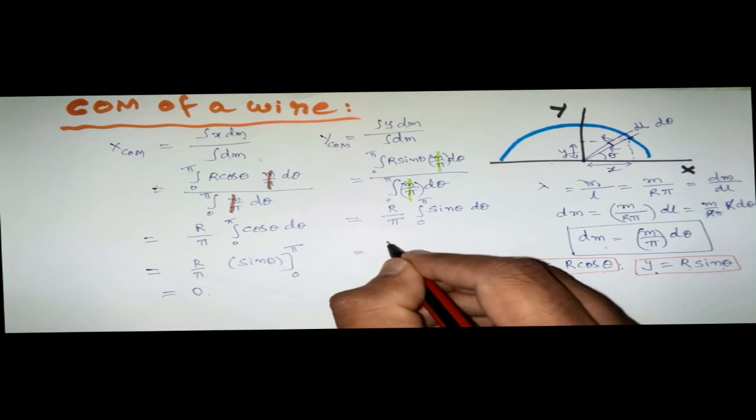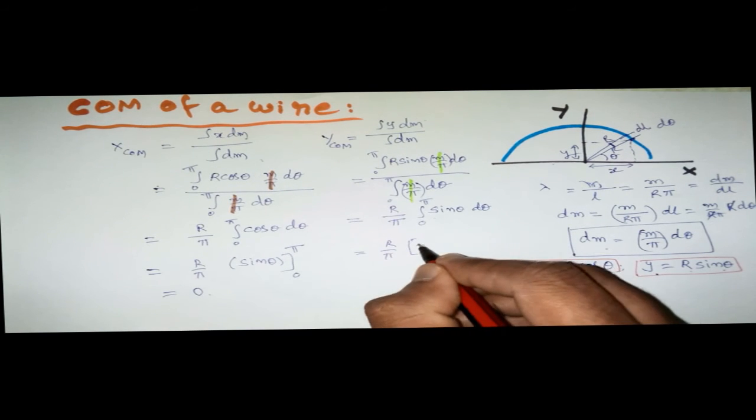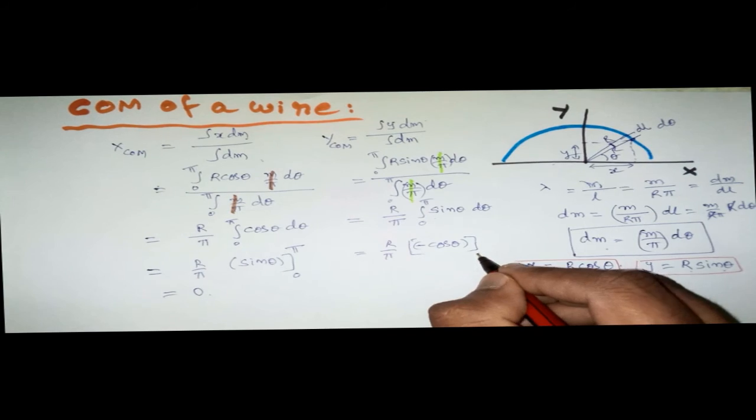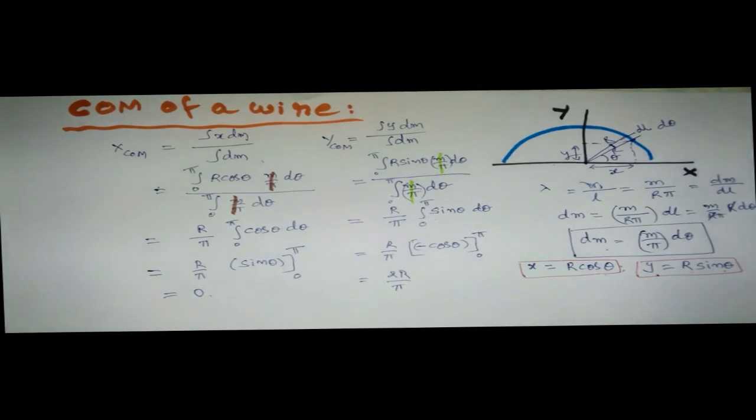When you solve this, we have r by pi of the integral of sin theta, which is minus cos theta, running from limits 0 to pi. Upon substituting limits, we get 2r by pi.